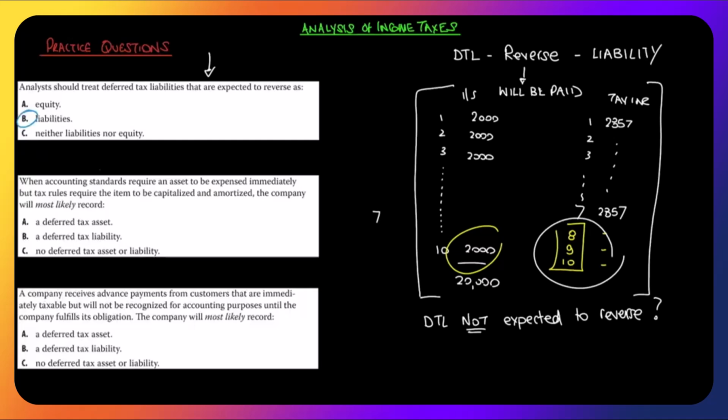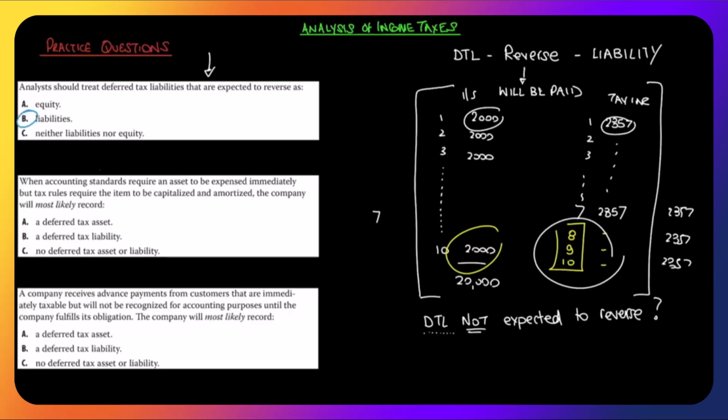If in year 7 you buy another asset, you're going to kickstart another set of excess depreciation. And if you keep buying enough new assets, you keep getting tax depreciation that is greater than accounting, this DTL can actually just keep increasing. And that's not an unrealistic situation, is it? A company that's growing and buying more and more and more assets, getting more and more tax depreciation.